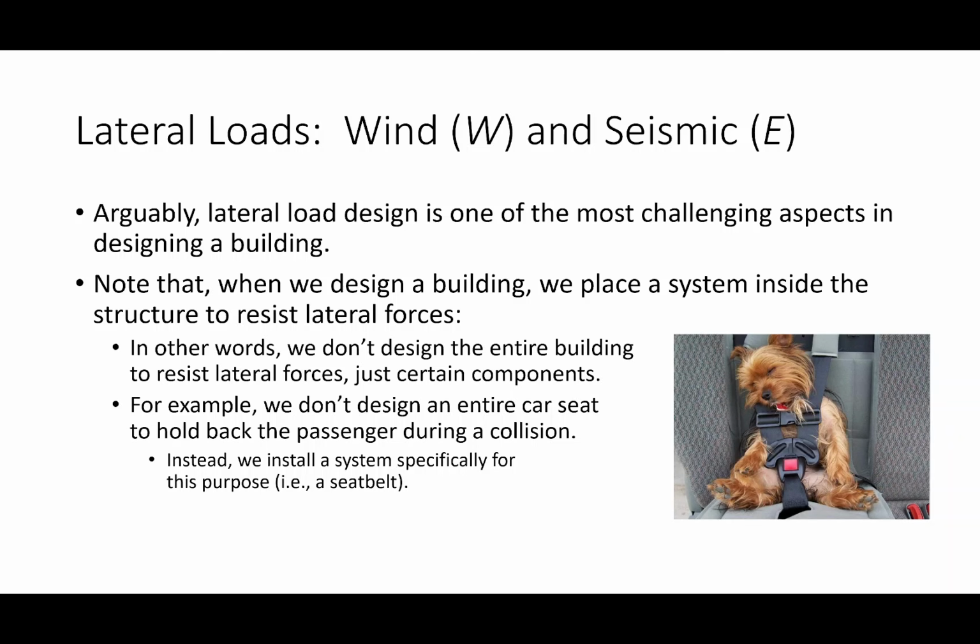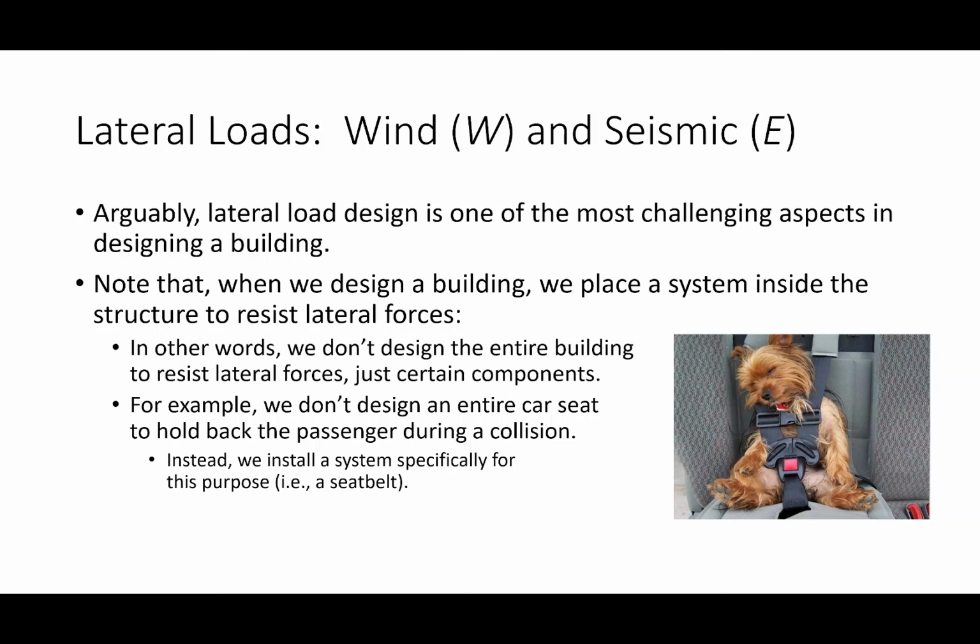Now we've talked about this before, but the idea in building design is that you do not design the entire building to withstand wind forces. You install a certain subsystem inside that building to withstand wind forces or earthquake forces. Just like in a vehicle, you don't design the entire car seat to hold back a passenger in the event of a collision.